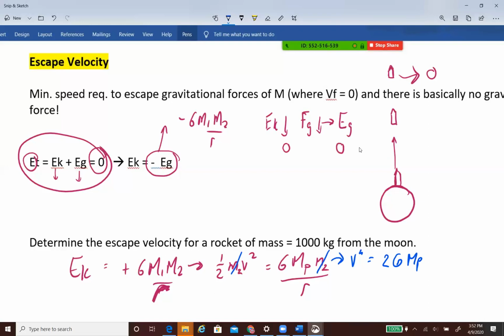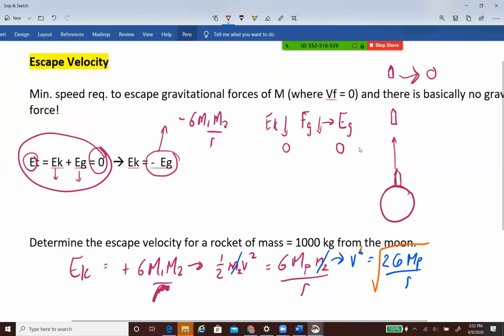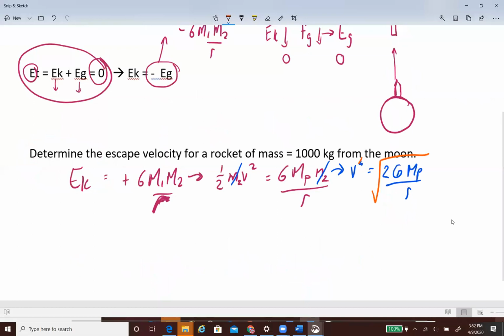I'm going to put MP, but it's the mass of anything that you're trying to escape from, could be a star, moon, whatever, over R. So V would be the square root of 2 G MP over R. In this case, the escape velocity of the rocket would be the square root of 2 times big G times the mass of the, well, it's not a planet, it's the moon.